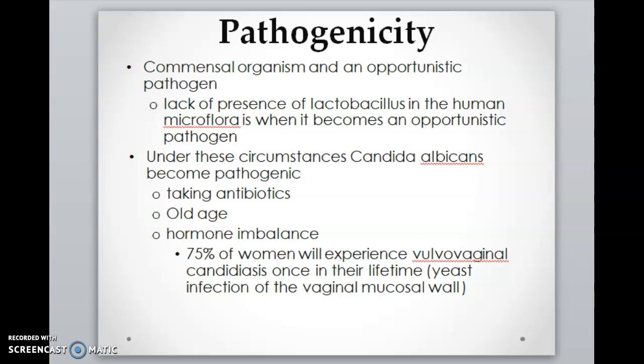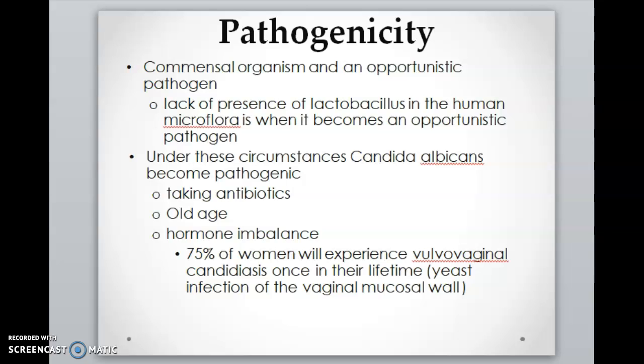Pathogenicity. Candida albicans is a commensal organism and also an opportunistic pathogen. Sometimes when the human microflora is lacking in the bacteria Lactobacillus, Candida albicans will flourish and cause an infection.